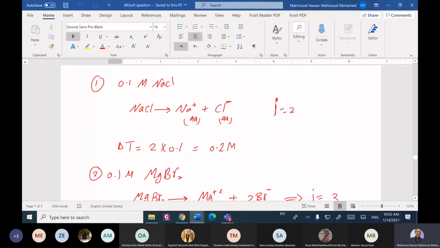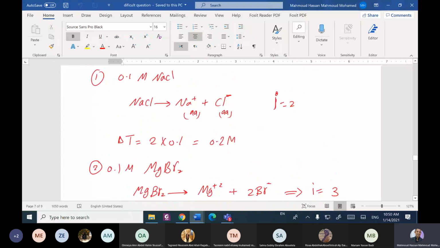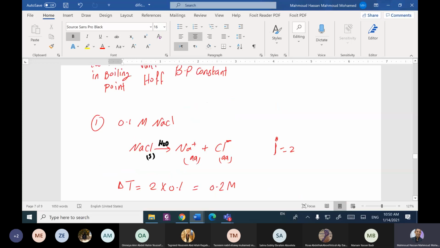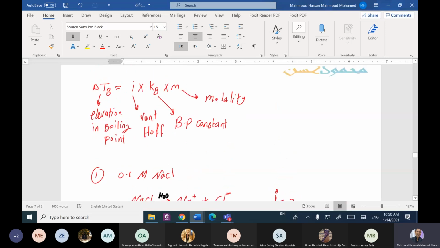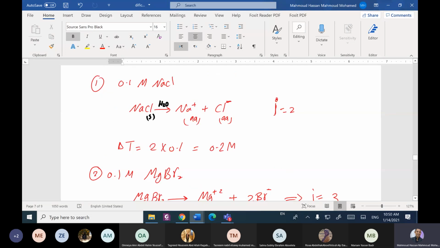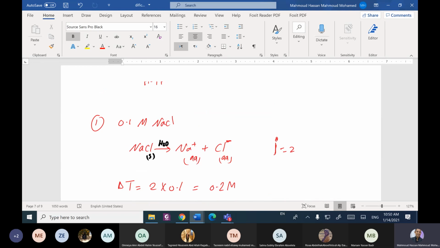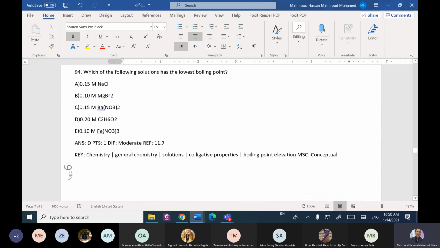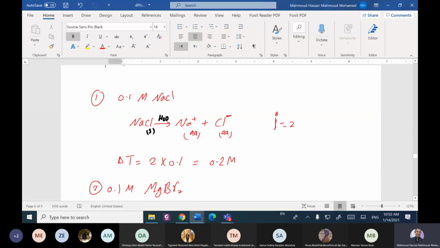To determine the van't Hoff factor for sodium chloride in aqueous solution, it gives 1 mole of sodium ion and 1 mole of chloride ion, so the van't Hoff factor is 2. Delta TB equals i times Kb times m, so 2 times 0.1 is 0.2. Kb is constant for all of them.